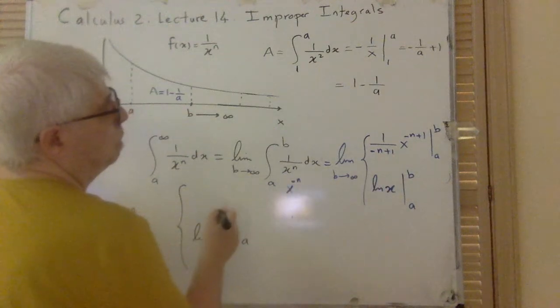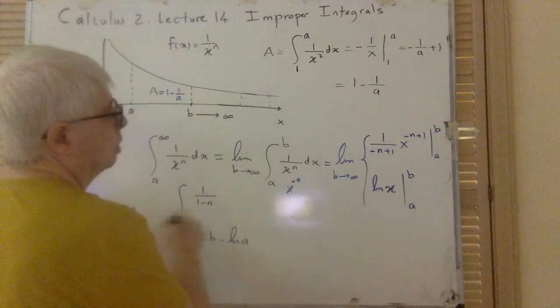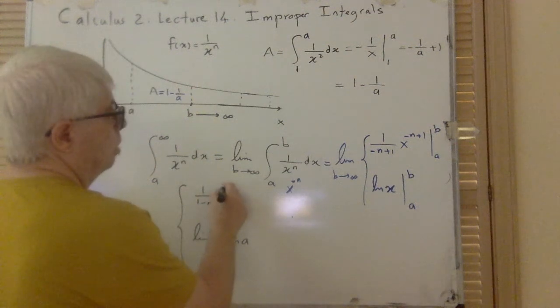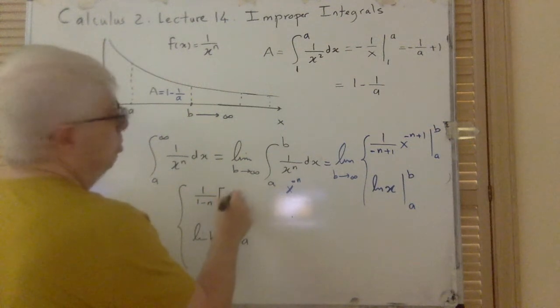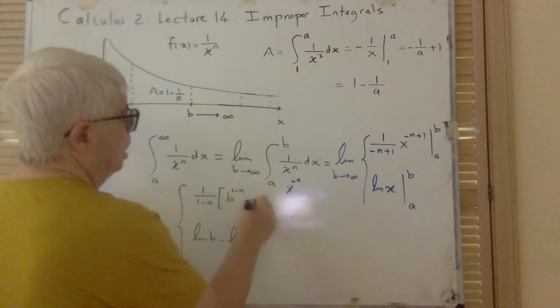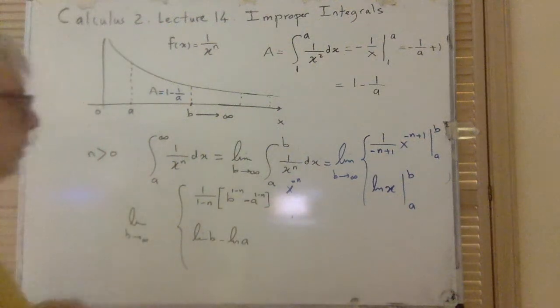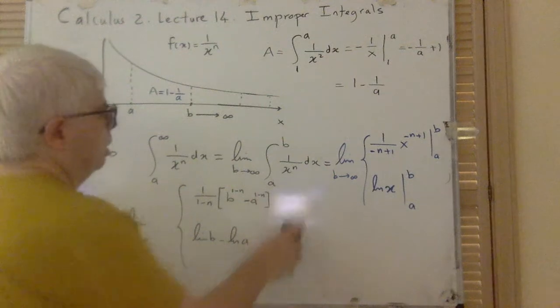The other one will be 1 over 1 minus n times b to the power 1 minus n minus a to the power 1 minus n.